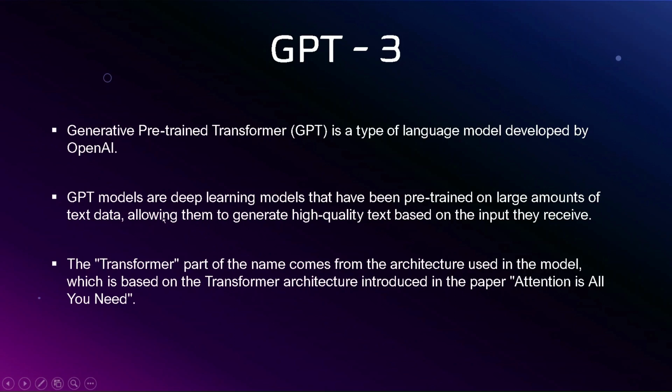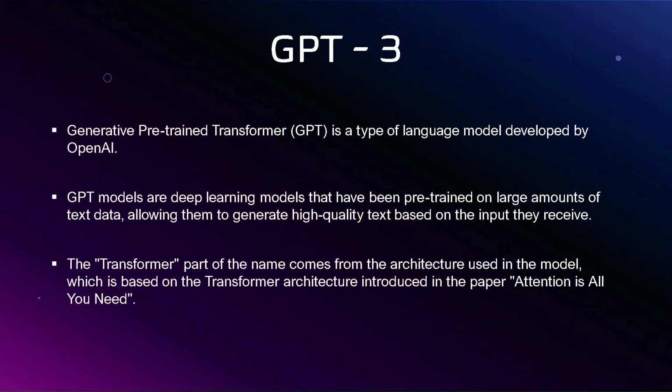So GPT models are deep learning models that have been pre-trained on large amounts of text data, allowing them to generate high quality text based on the input they receive. Here they are actually taking a pre-trained model, which means the model is already trained on a large amount of text data, and they are just taking that model and implementing that.